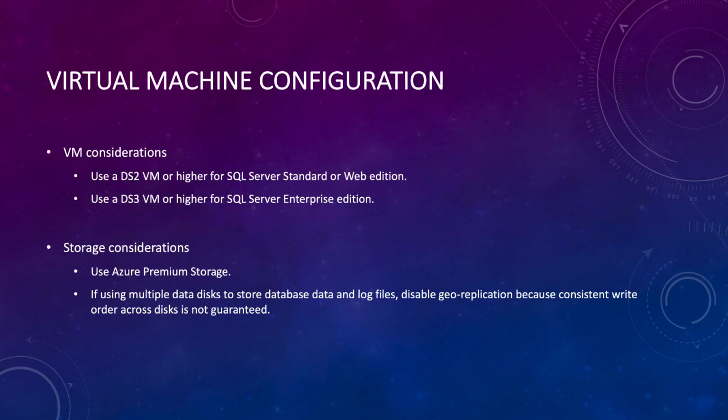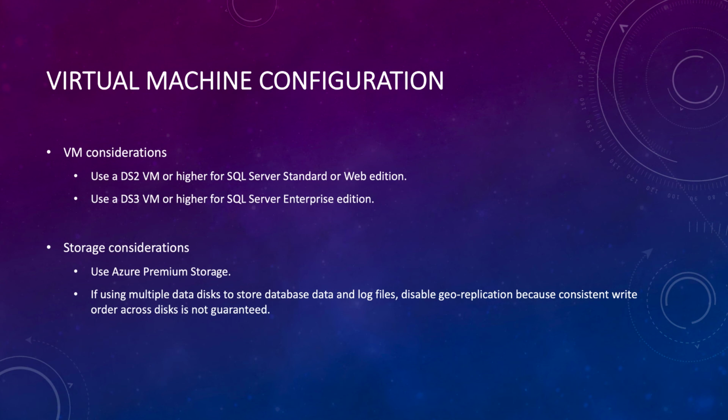When configuring SQL Server on Azure virtual machines, take into consideration the following VM considerations. It is highly recommended to use at least a DS2 VM or higher when you are using SQL Server Standard or Web Edition. For the Enterprise Edition, it is recommended to use a DS3 VM or higher.